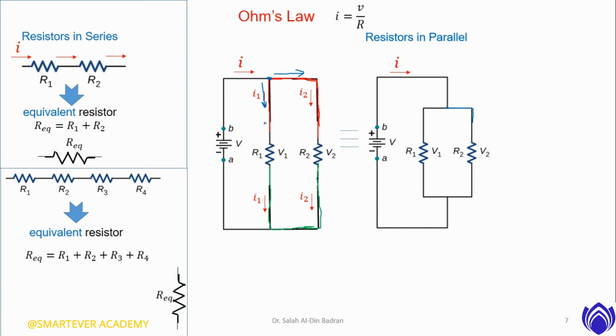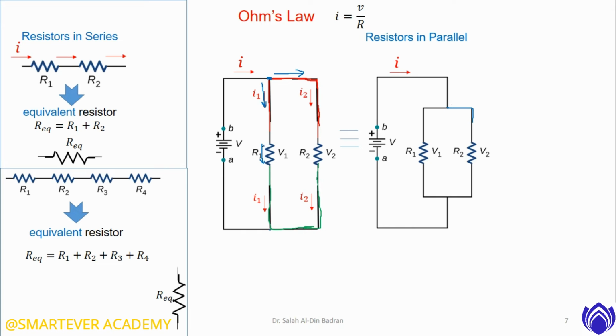I1 passes through R1 and continues flowing in the same direction until it reaches this node.